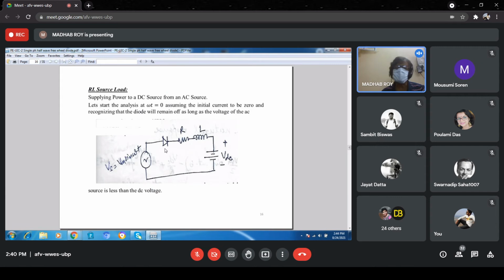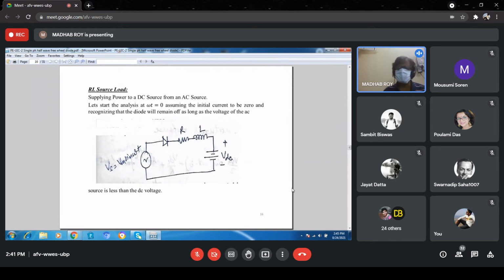So up to the point where the source voltage is equal to this with the opposite polarity, the diode will be in the reverse bias condition. Got my point? This point is basically required for this circuit.